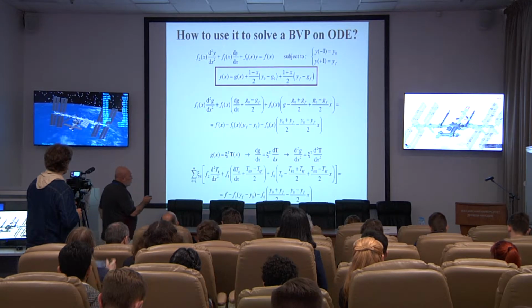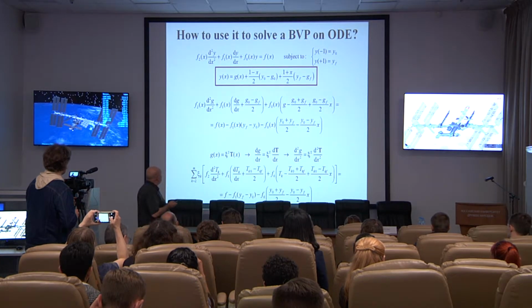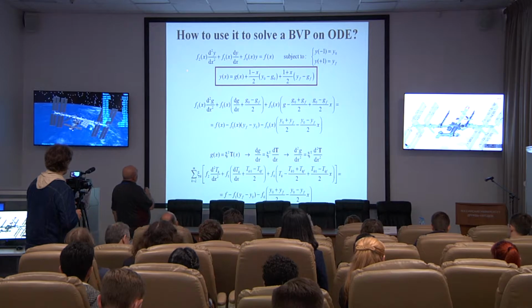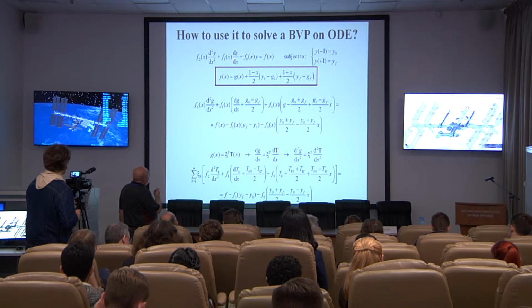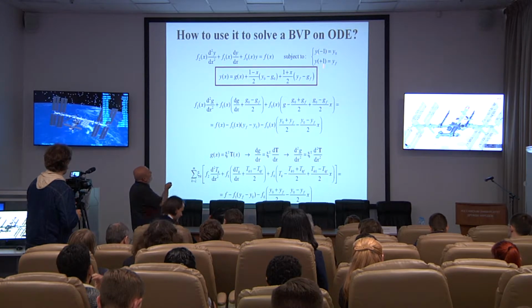And how to use this, for instance, to solve a differential equation? Suppose that you have a second-order differential equation with a non-constant coefficient, non-homogeneous, a typical boundary value problem. The boundary value problem is your constraints.